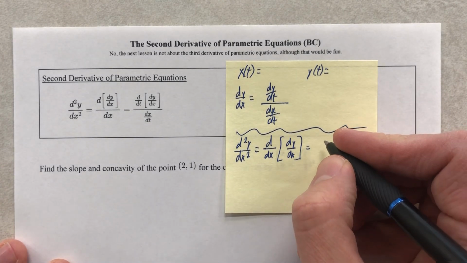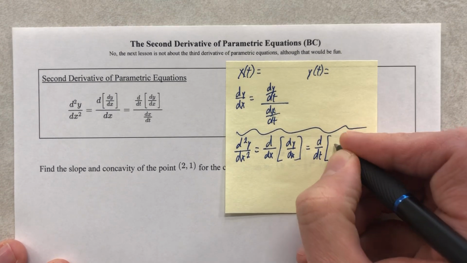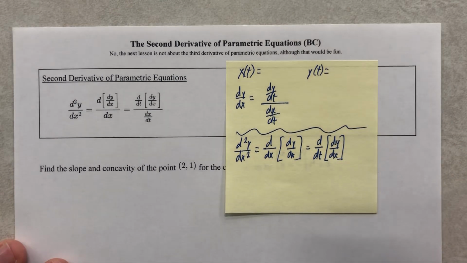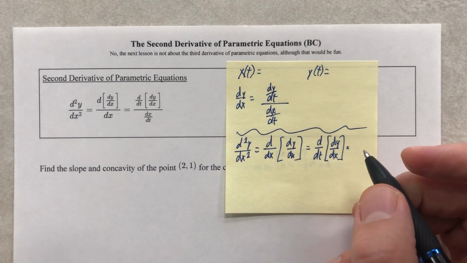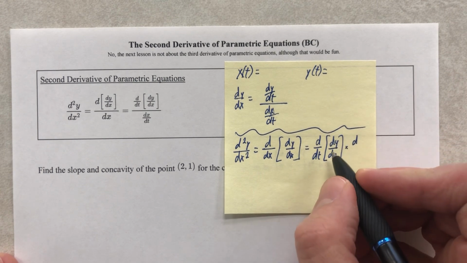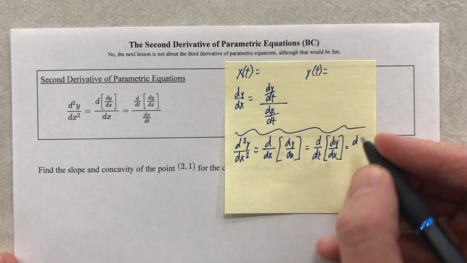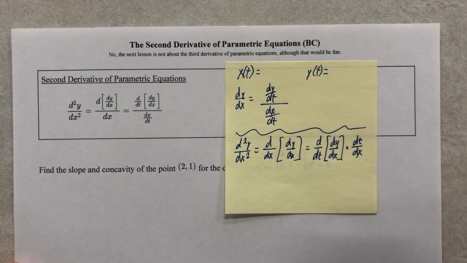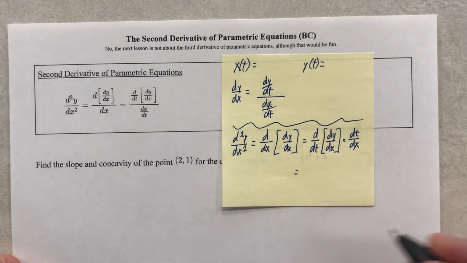So what I'm really going to do is take the derivative with respect to time of this, but because of the chain rule, I would multiply by the derivative of this inner part, and this is where things get a little funky, and I have a hard time explaining why this is, but the derivative of this inner part with respect to time would be dt over dx. This part might be a little clunky, but we're going to keep moving forward.